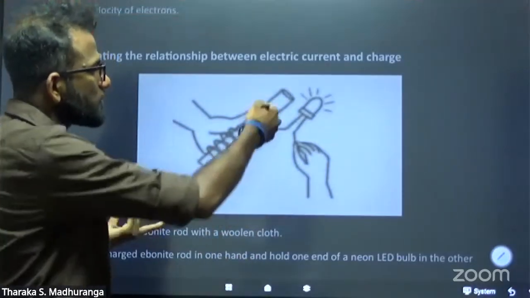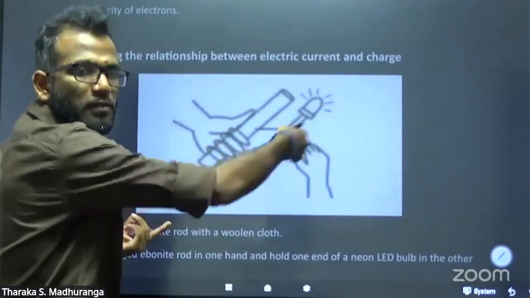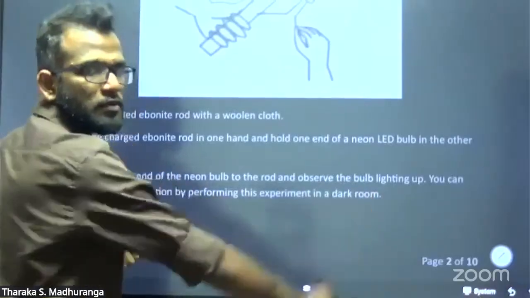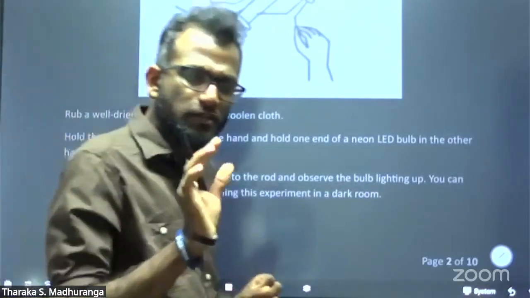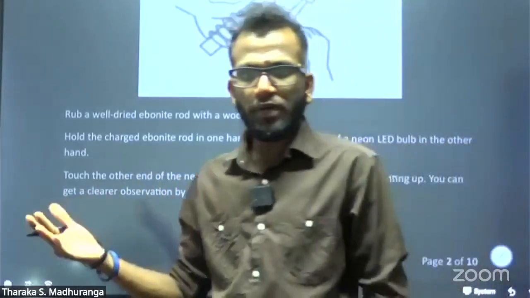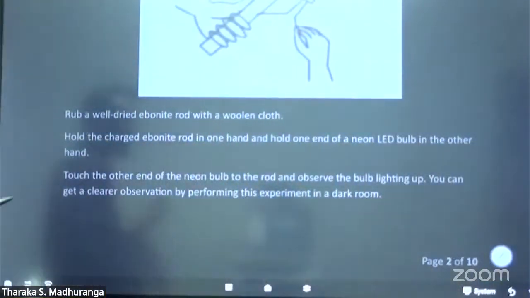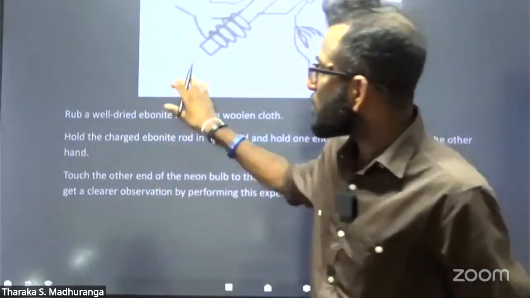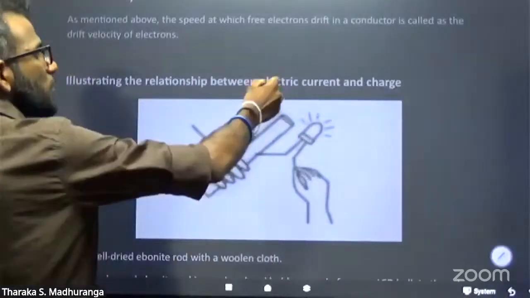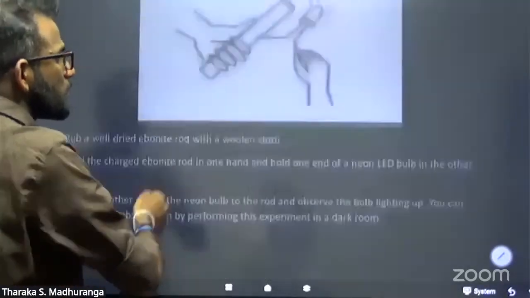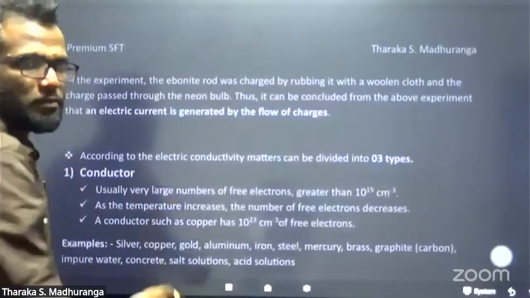Then this electric charge goes through the bulb, and if you do this in a dark room, we can see a small light from the bulb. Then we can conclude that electric charge is important for electric current. The relationship between electric current and charge is shown by this very simple experiment.